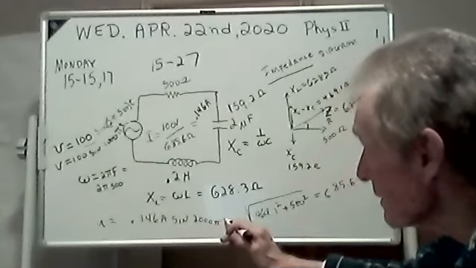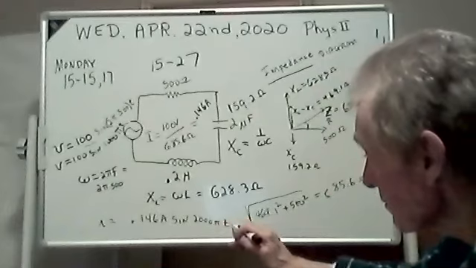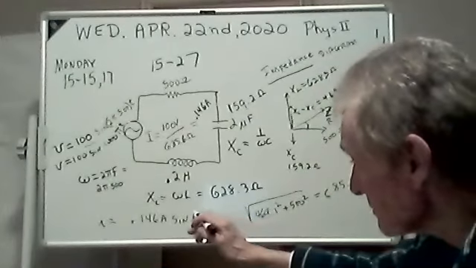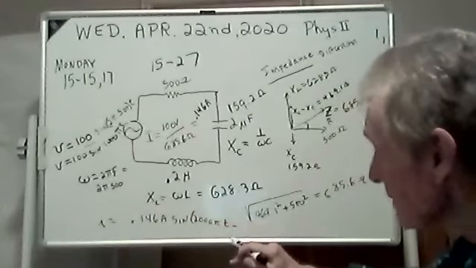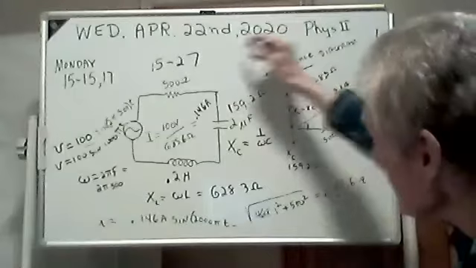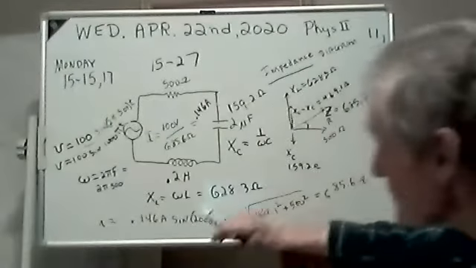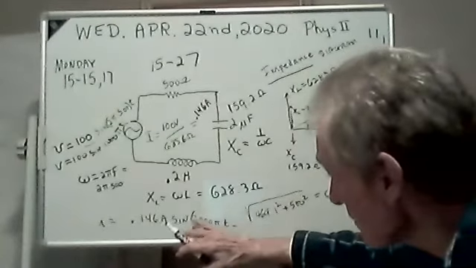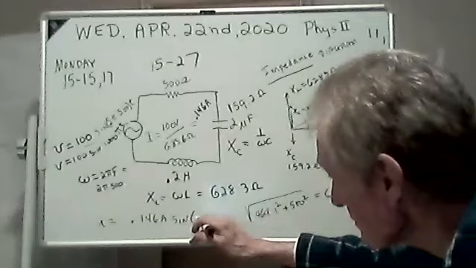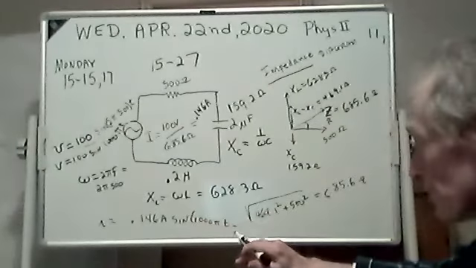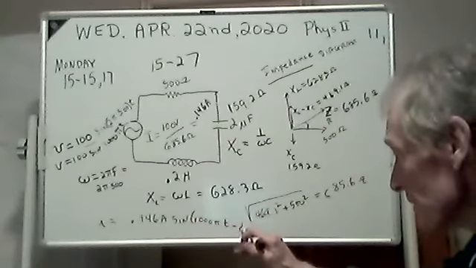Should be 1000 pi, right? You're absolutely right. It's 1000 pi t minus this angle.